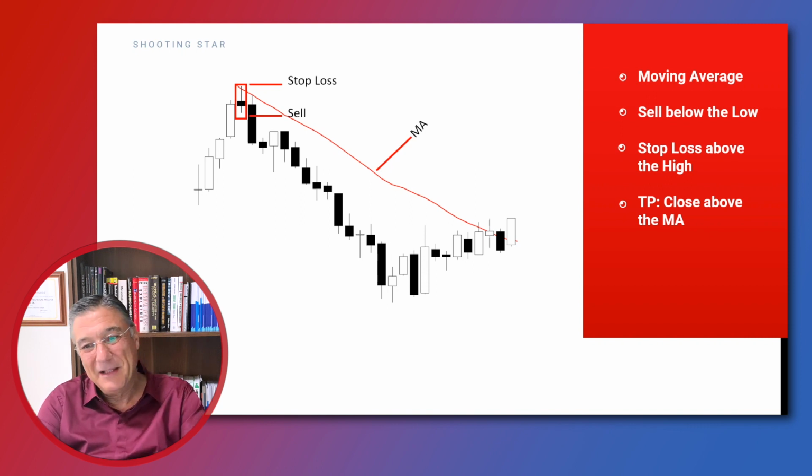The take profit, of course, is up to you, but never forget that a common take profit strategy is to close the entire trade when we identify one or more closes above the dynamic moving average. And this is the case here, with a long white body closing above the moving average.